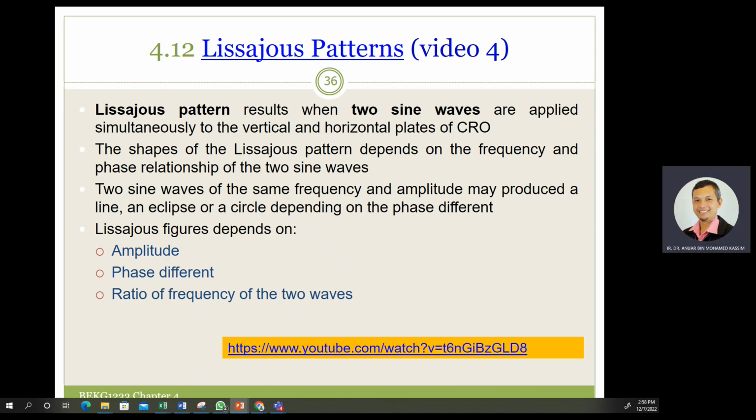Okay, so the Lissajous figures depend on the amplitude, the phase difference, and also the frequency ratio of the two waves. Okay, let's see this YouTube first.